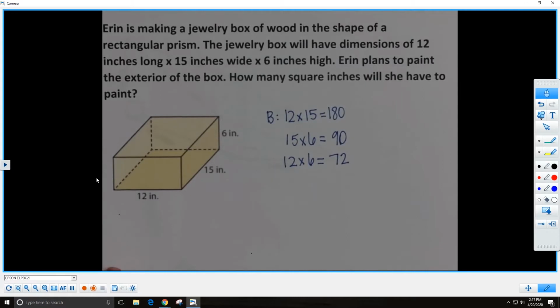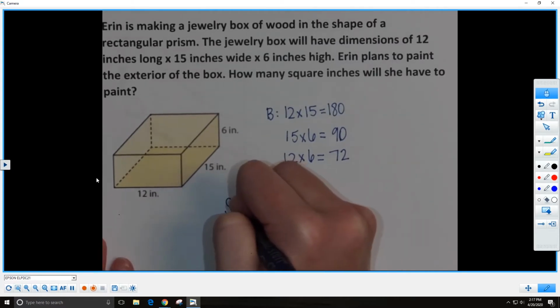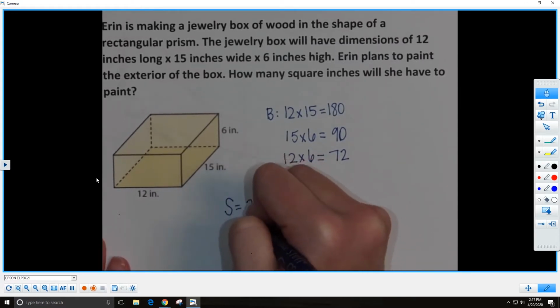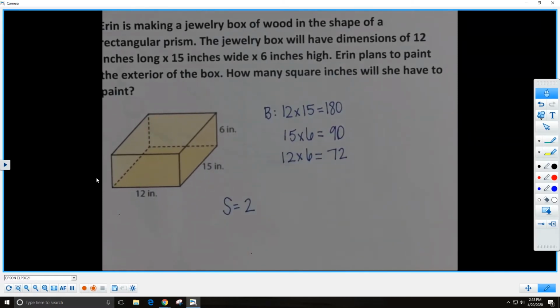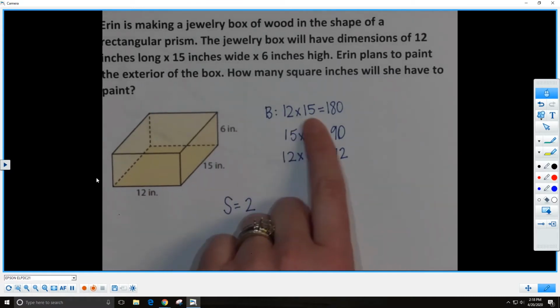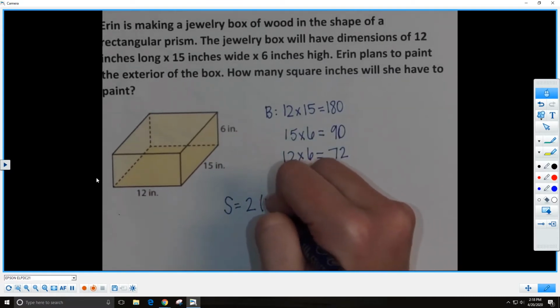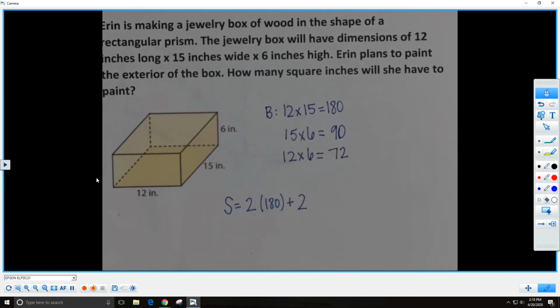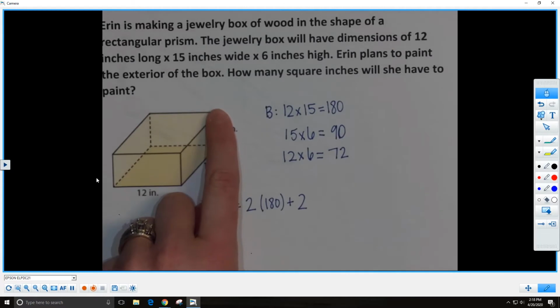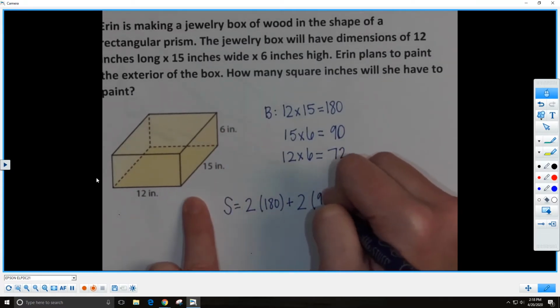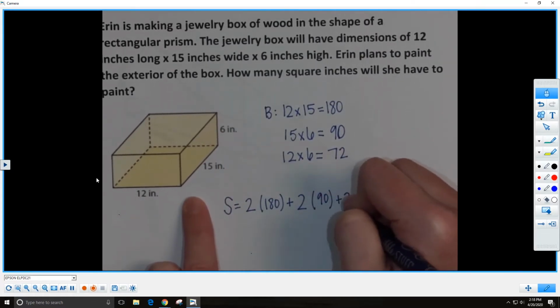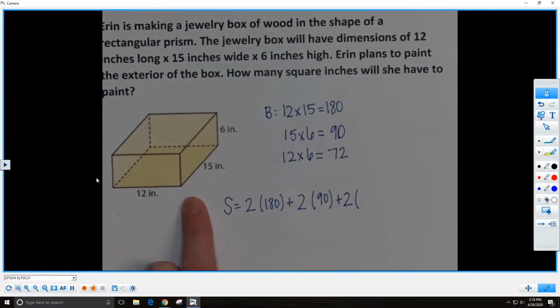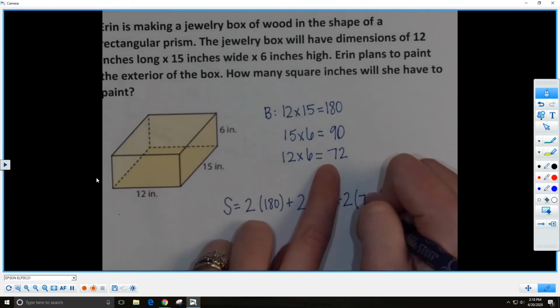So to find the entire surface area, we have two of the bases, each 12 by 15, which we multiplied to get 180, plus two of the faces with dimensions of 15 by 6, which we multiplied to get 90, plus two of the faces with dimensions of 12 by 6, which we figured out was 72.